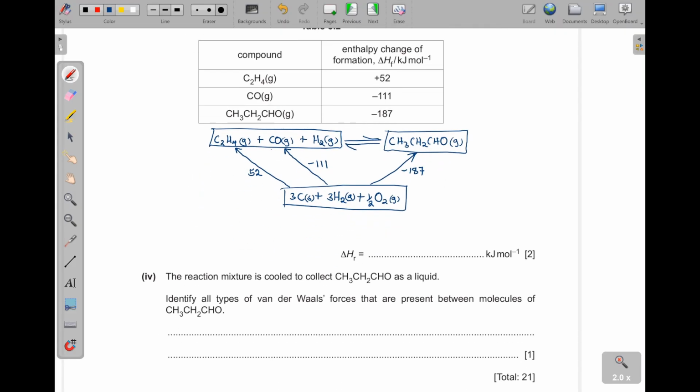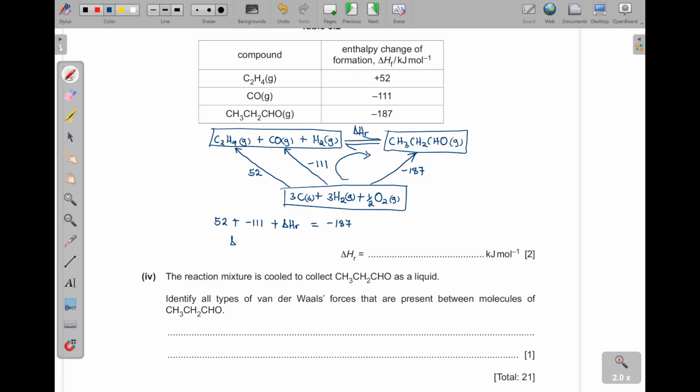Now here we have ΔHr, the enthalpy change of the reaction. What I need to do is follow clockwise is equal to the anticlockwise. So if I go like that, I will say 52, plus negative 111, plus ΔHr, which gives this one, which is instead going like that, negative 187.